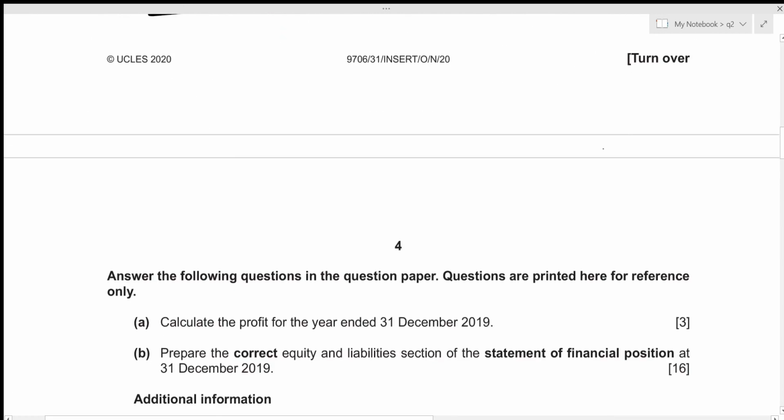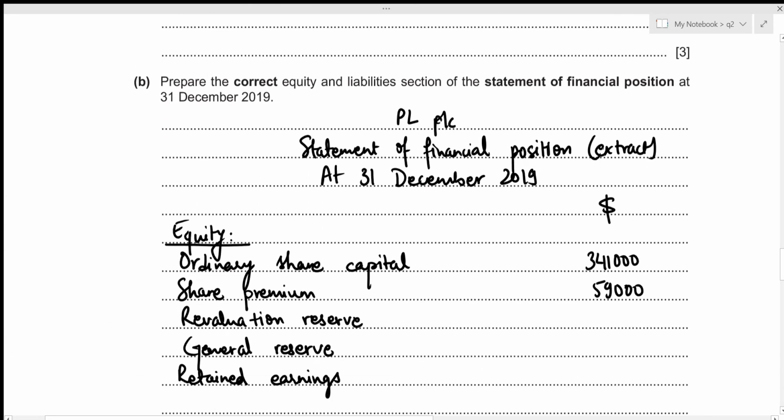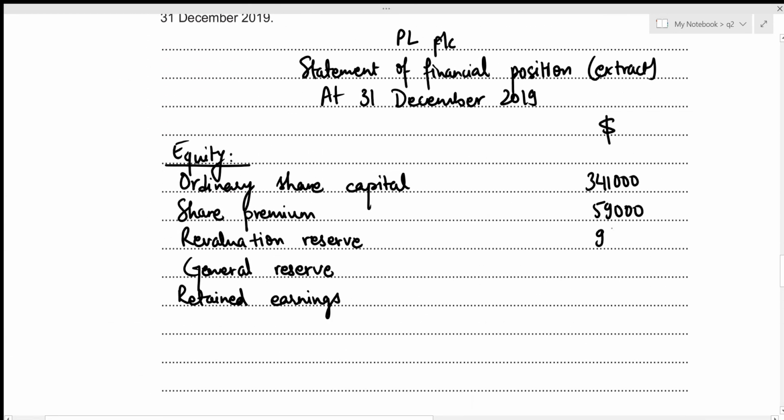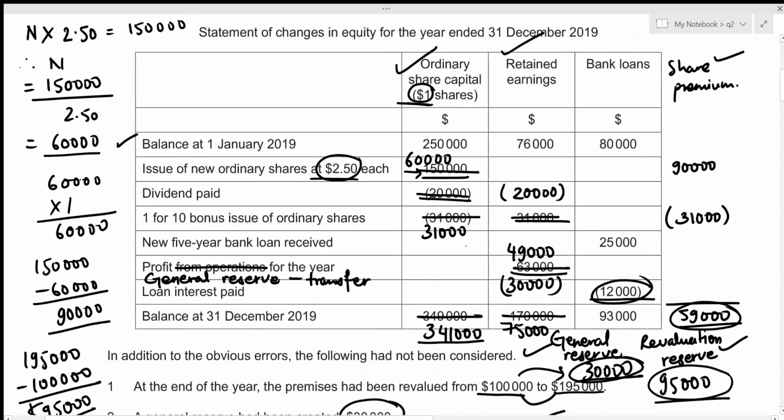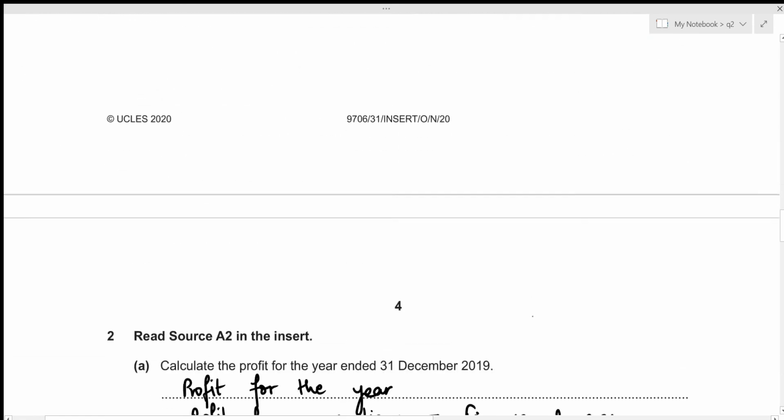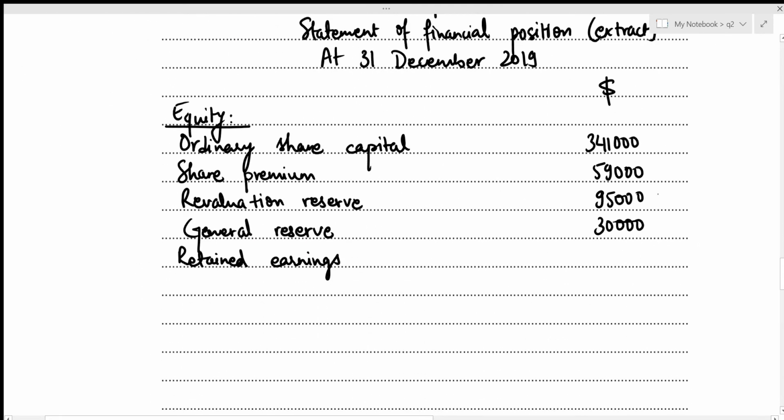So let's write these values. That's 95,000 for revaluation reserve and 30,000 for general reserve. Then let's have a look above for retained earnings. And the total for retained earnings, we figured it out to be 75,000. Let's substitute this value as well. So that's 75,000.